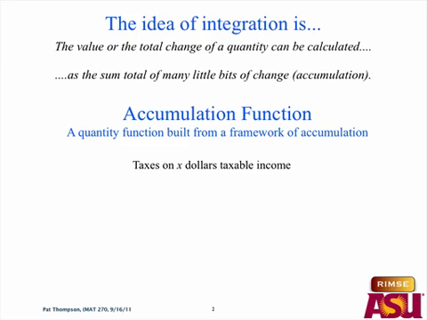Take taxes on X dollars of taxable income. You plug in the number of dollars of taxable income, and it tells you what your taxes are. But as an accumulation function, it calculates that by adding up the little bits of tax to get up to whatever taxable income you have.